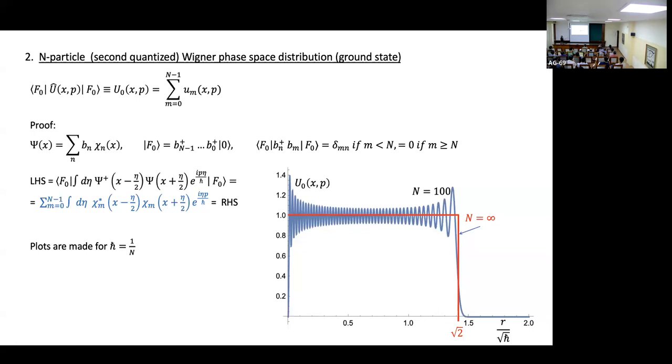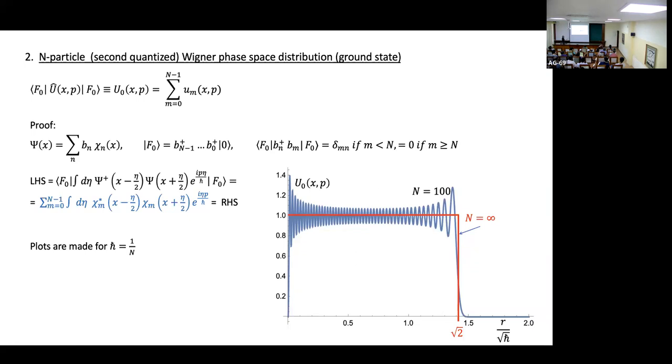As a result, out of this whole stuff, it becomes the single particle Wigner phase-space distributions of the occupied levels. That's all. Now I have simply plotted it for n equal to 100. As you can see, it starts approaching the n equal to infinity. I'll explain to you how this n equal to infinity limit can be derived independently. So it reaches there.